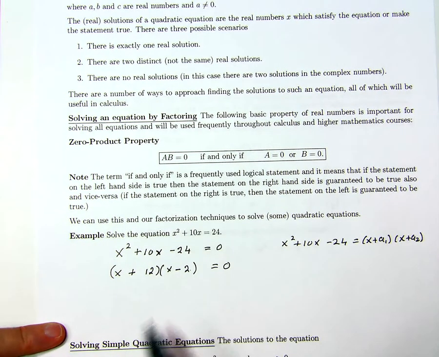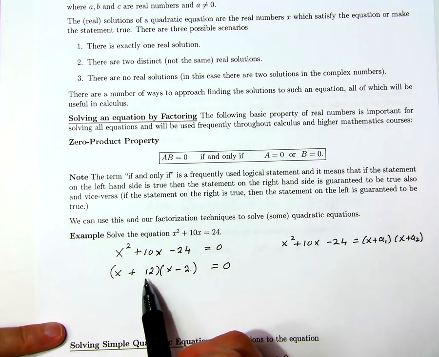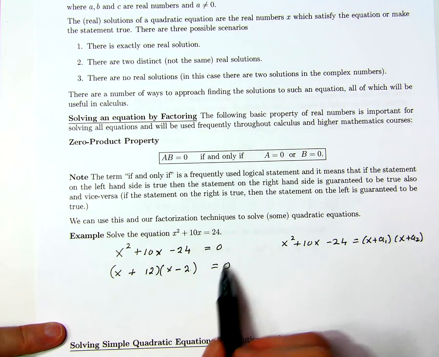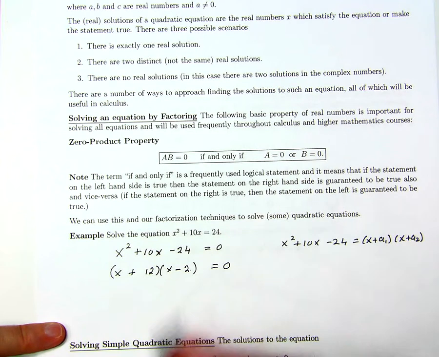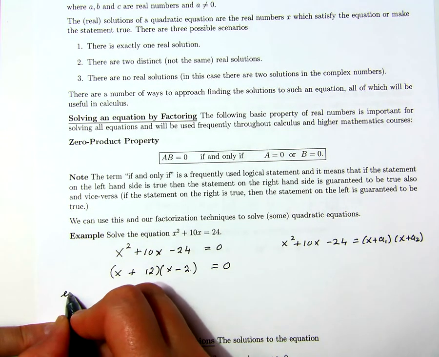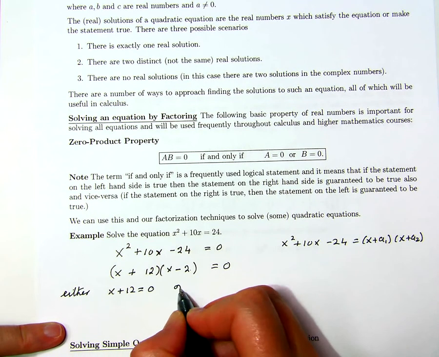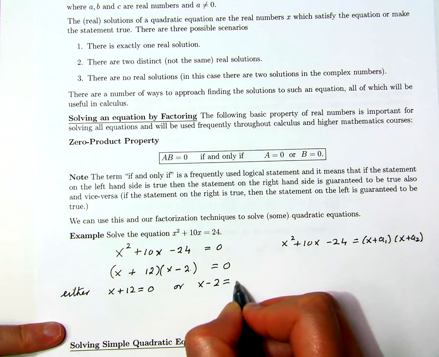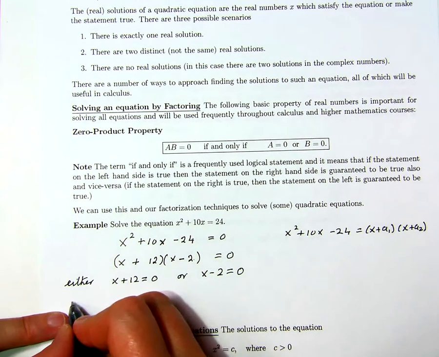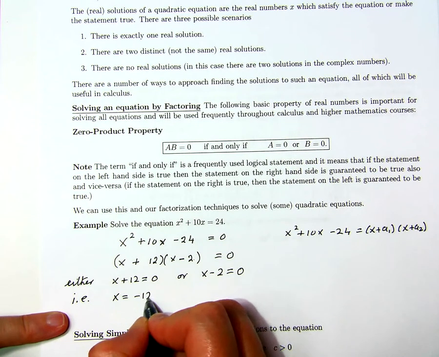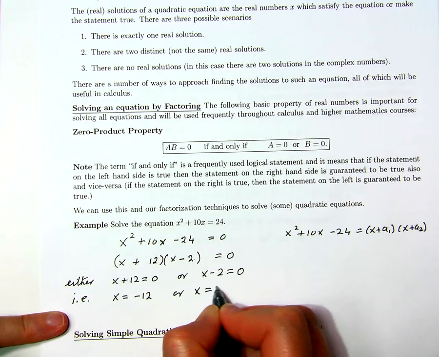I'm assuming x is a real number, and if I take the product of these two, I get 0, so therefore the right-hand side must be true. If this is true, then either x plus 12 equals 0 or x minus 2 equals 0. And that's the same as saying x equals minus 12 or x equals 2.